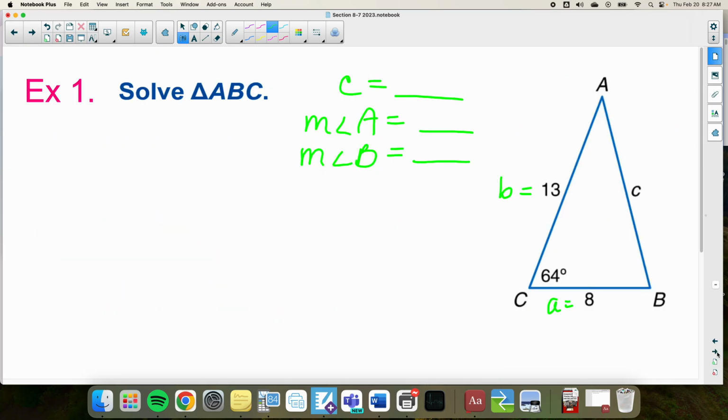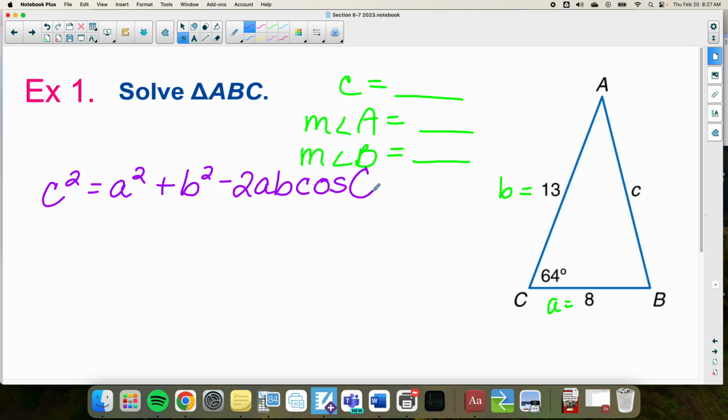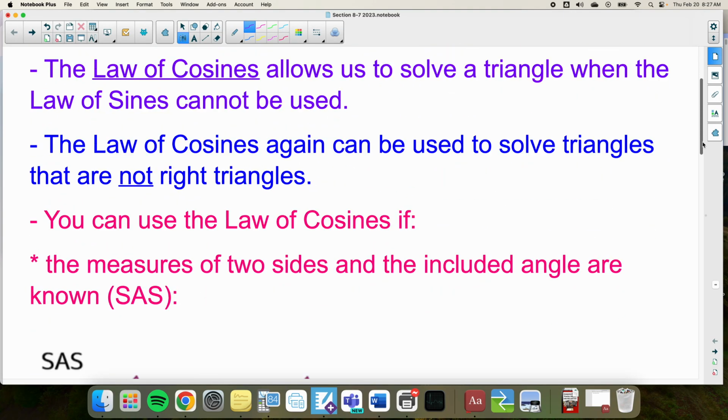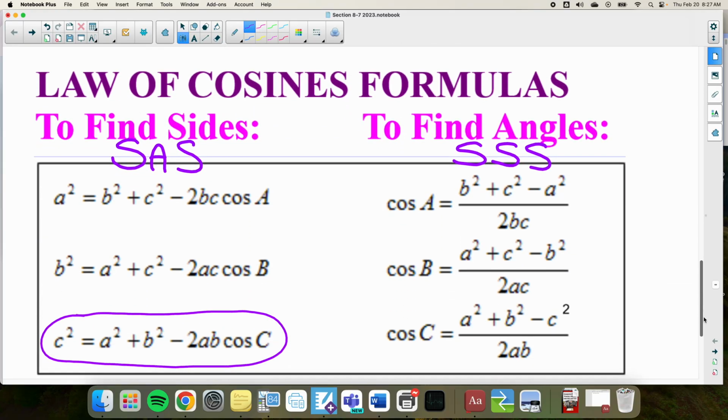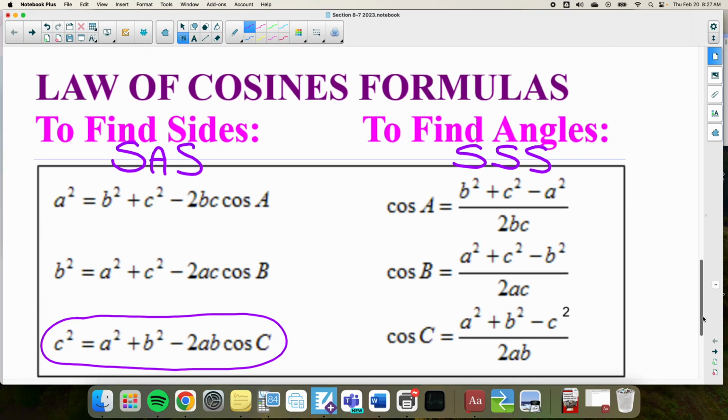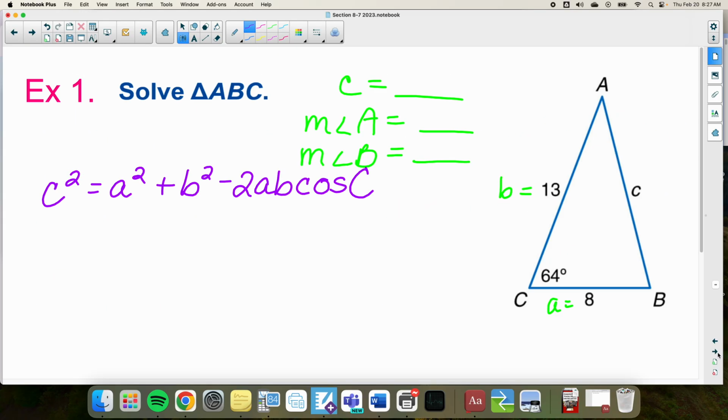So I'm going to go back to that problem, and you're going to copy down the formula for C squared. Okay? Now, C is what I'm looking for.